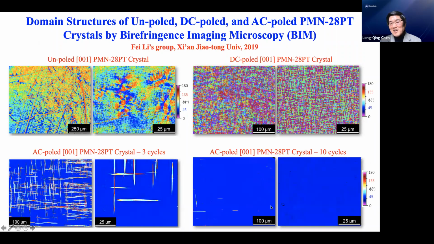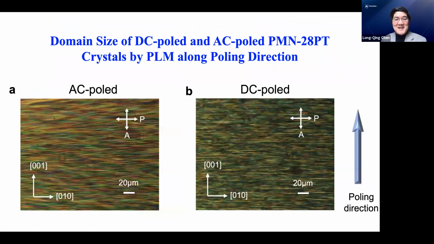And if you go to 10 cycles, just like in the polarized optical microscope, you almost don't see the 71-degree domain walls. This shows a cross section, vertical or parallel to the poling direction. We still see the layer structures in both AC poled and DC poled samples, so along that direction the thickness is almost the same. Only now, within each layer in the AC poled samples, it's almost like a single domain.